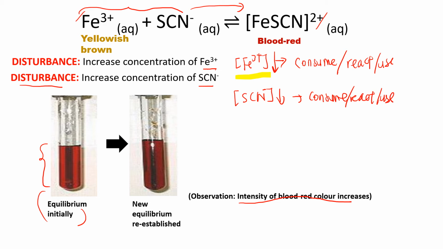Okay, how do you decrease the concentration of SCN-? Same method, you must react and shift to the right. So at the end, the concentration of SCN- will decrease. So once you produce more thiocyanatoiron(III) complex ion, that's why you can see the intensity of the blood red color increase. So this is the effect of concentration.